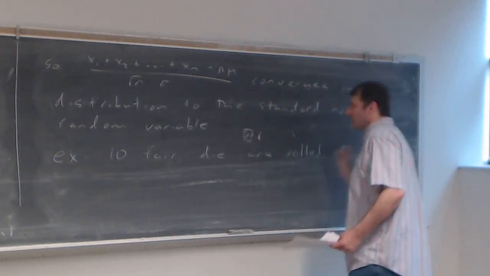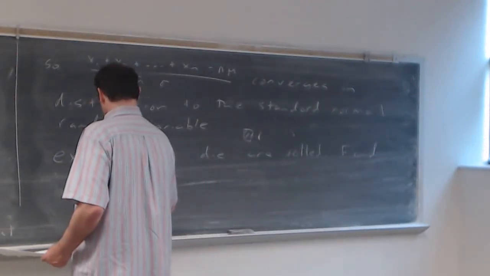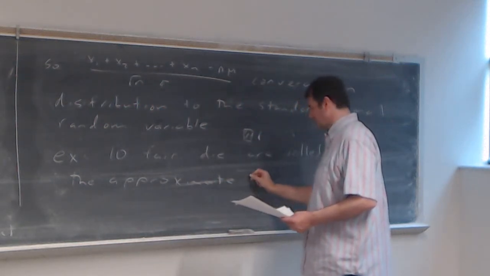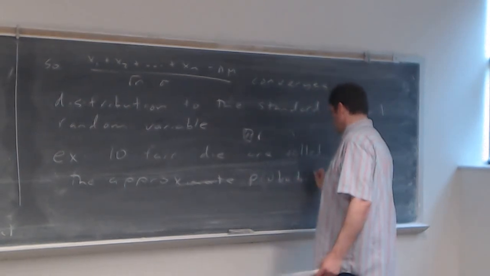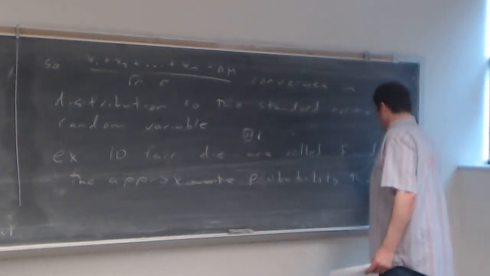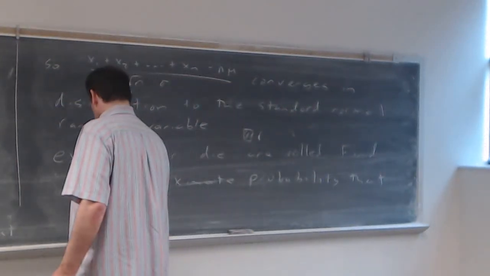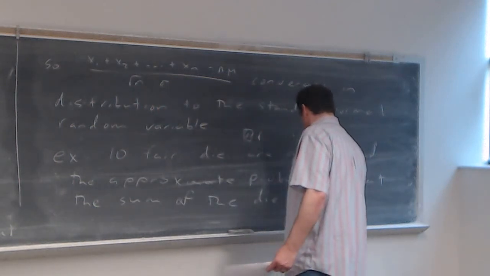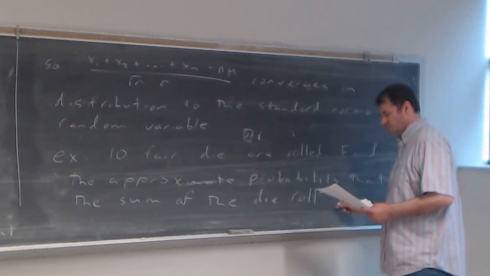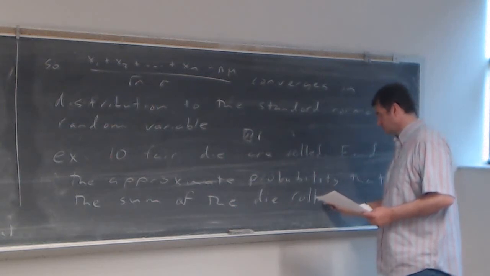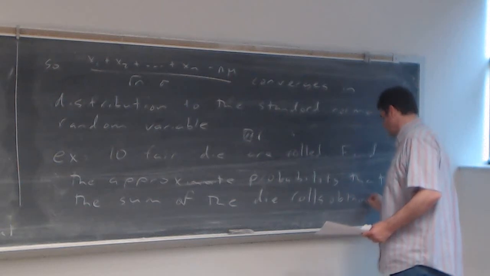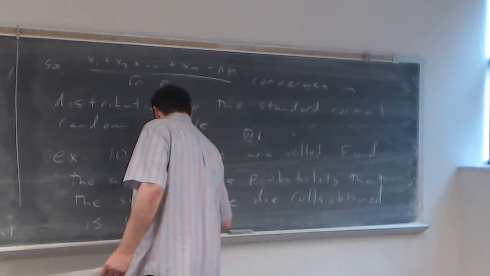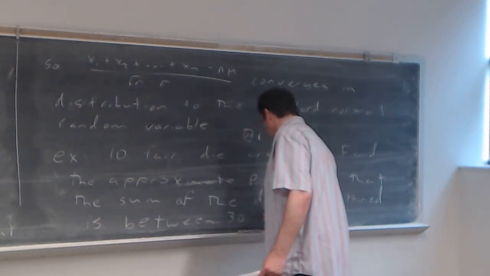Find the approximate probability that the sum of the die rolls obtained is between 30 and 40.